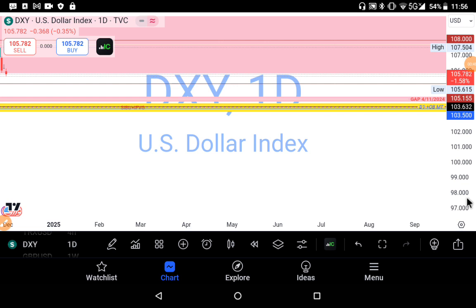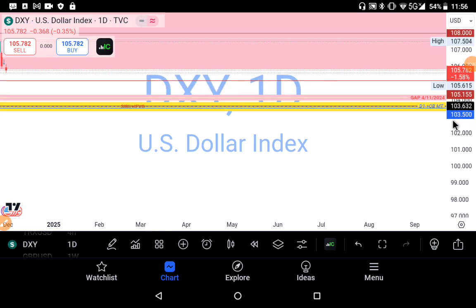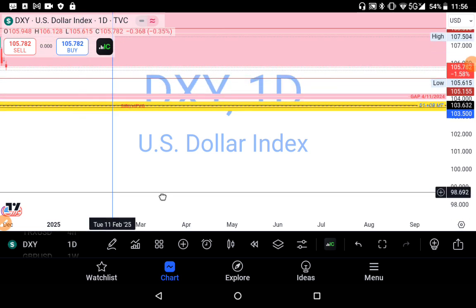As usual, we'll start with our dollar index, which is my baseline.